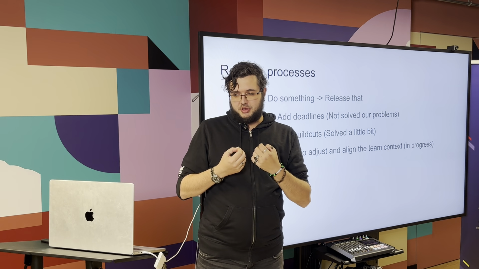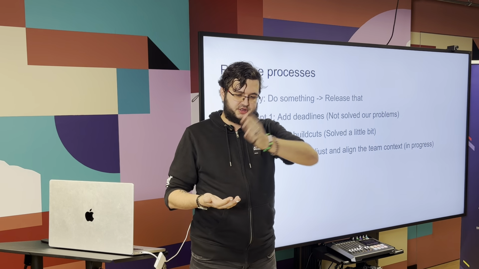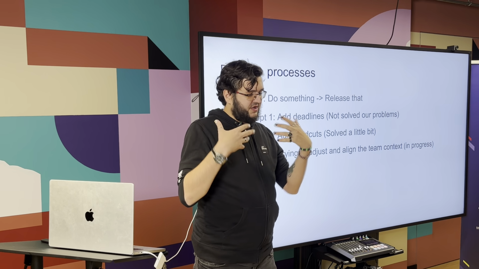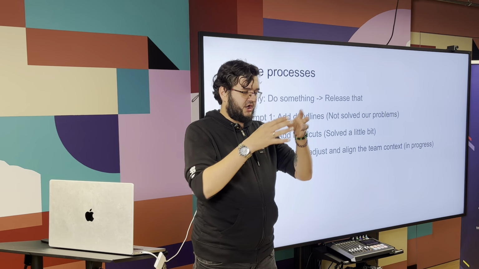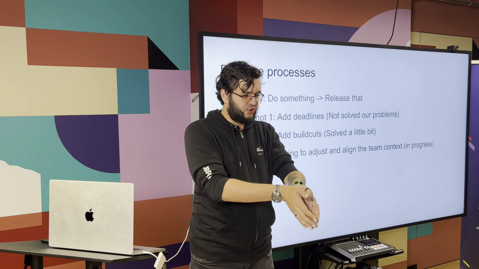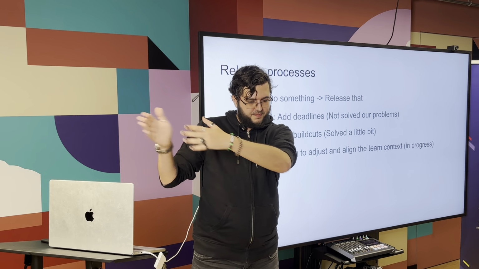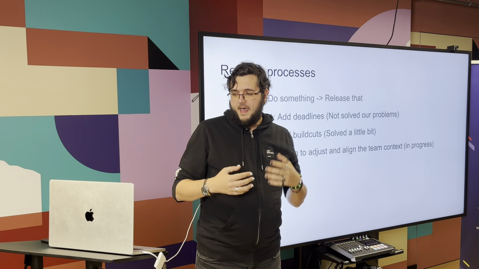Our first attempt to change the release process was to add strict deadlines. That means we have to release on this day, so on this day our build should be green and pass all the testing process, and so on.